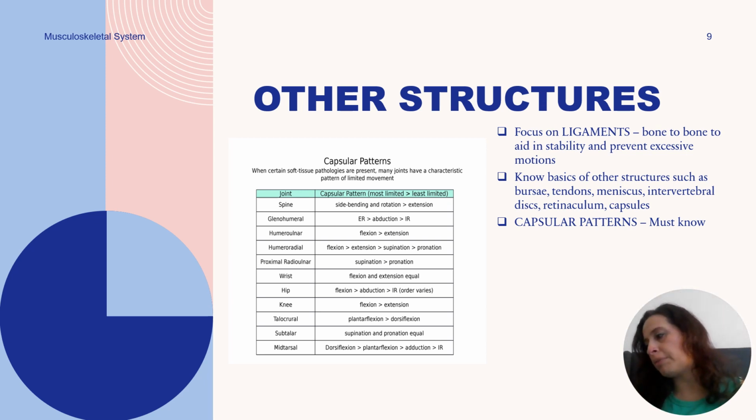If you don't know the ligaments of the shoulder, you might be okay, but the knee ligaments for sure. I would say maybe ankle ligaments are another big one, just because pathologically there are conditions related to these specific structures. So ankle ligaments important, knee ligaments important. I would say even hip ligaments are important.